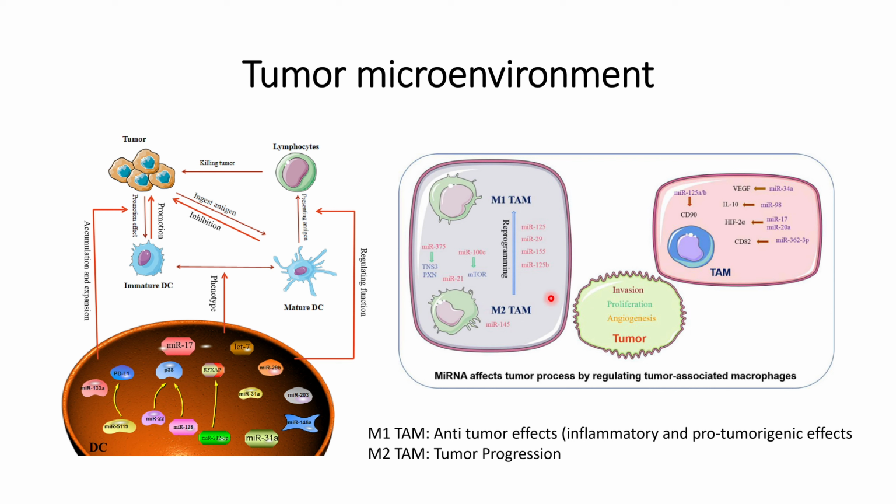So when the different microRNA interacts with this TAM, it will increase the formation of M1 TAM and reduce the formation of M2 TAM. The specific microRNA is microRNA 155. It will promote or reprogram the TAM towards M1 macrophages compared to M2 TAM macrophages.